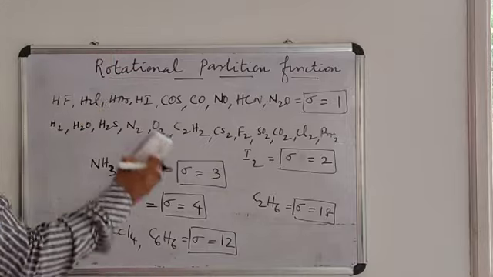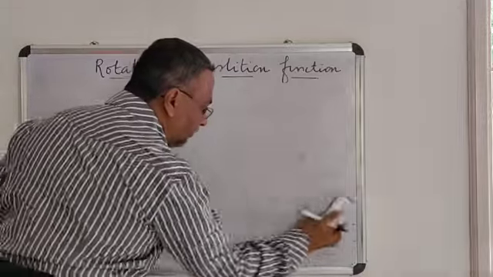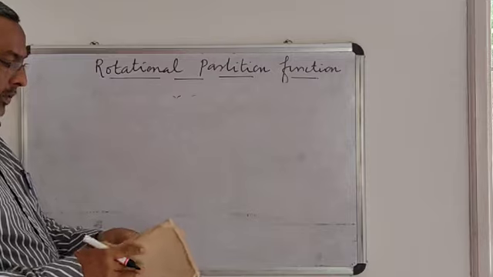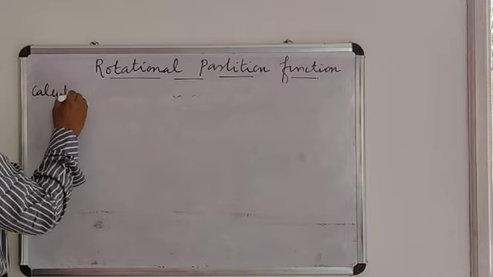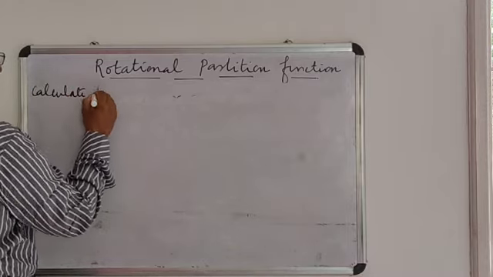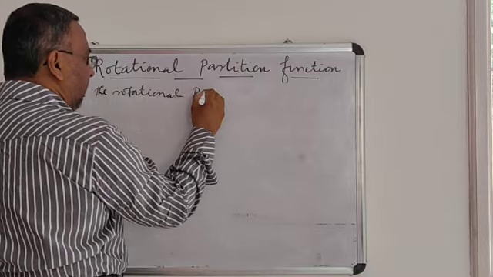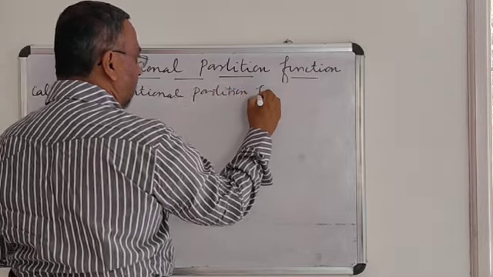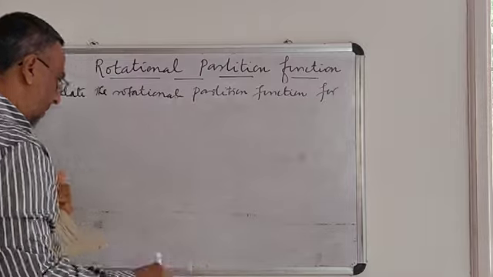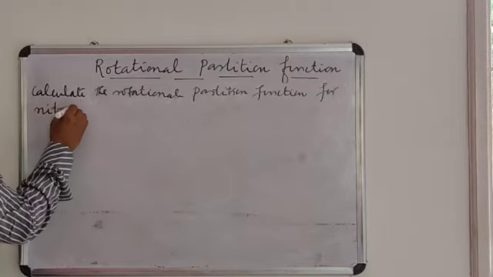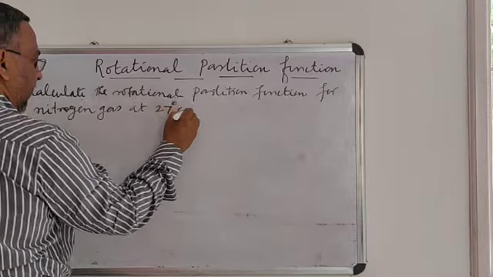Now let us do one problem. Calculate the rotational partition function for nitrogen gas at 27 degrees centigrade.